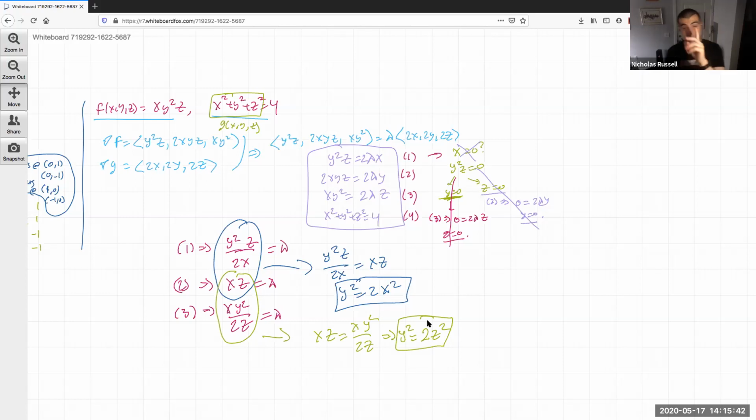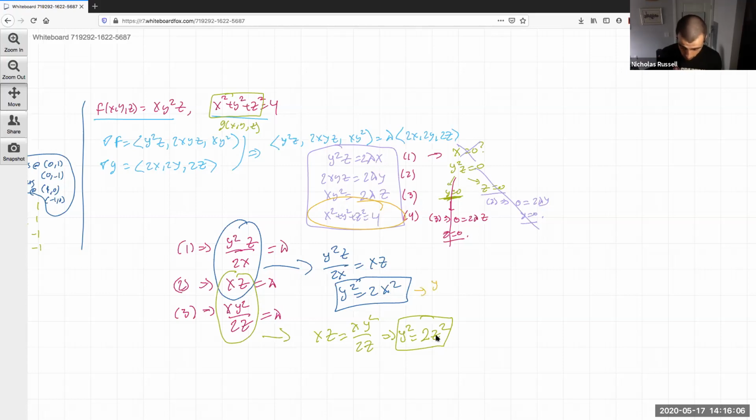Well, here's the great thing. Look at equation 4. I can start to solve by plugging in here. I know I have a y squared in here, and I can solve for x squared and for z squared if I wanted to.